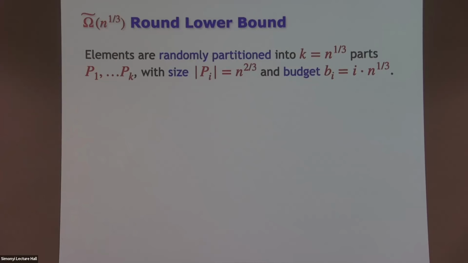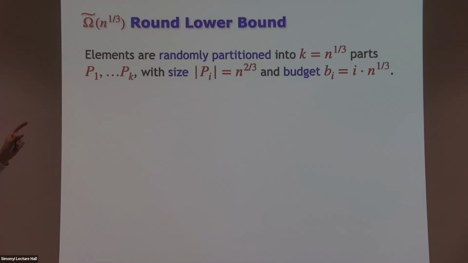So for our lower bound instance, we take our n elements and randomly partition them into n to the 1/3 many different parts. So you have P1 through Pk, with k equals n to the 1/3. Naturally, the size of each part is n to the 2/3. The last thing we do is specify the budgets of these parts.